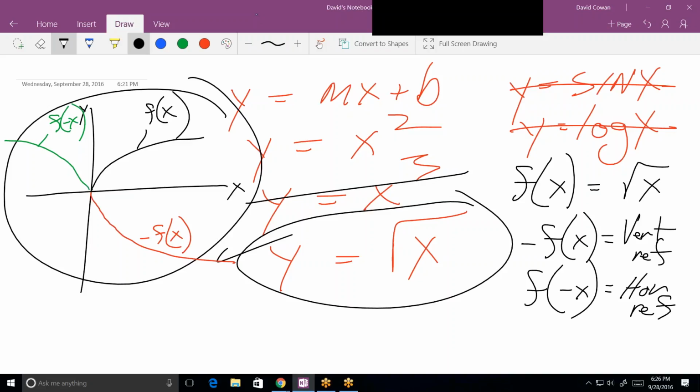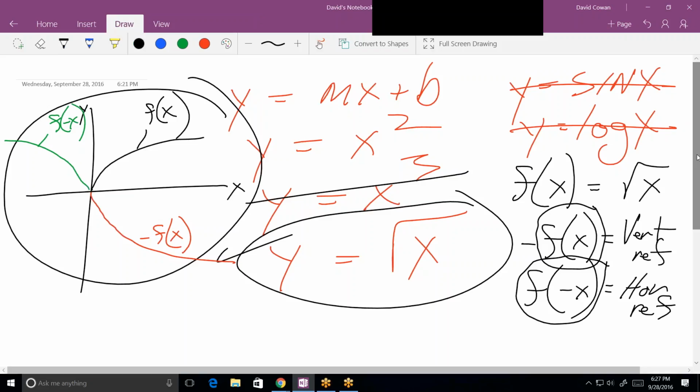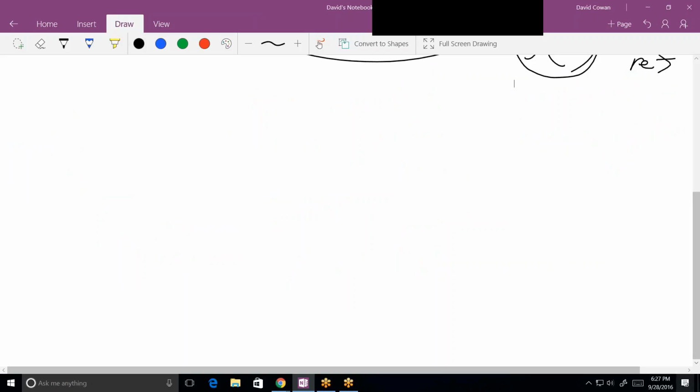So whenever you see a negative sign, it's either going to be a vertical reflection or a horizontal reflection. And the way to keep these straight is any transformation that is outside of the f of x is vertical. If it's inside the function, it's horizontal. I don't know how to get to the previous page here, so let me write them again.